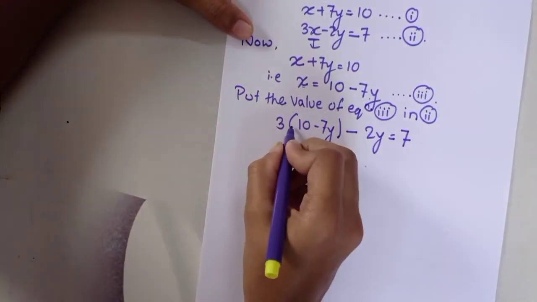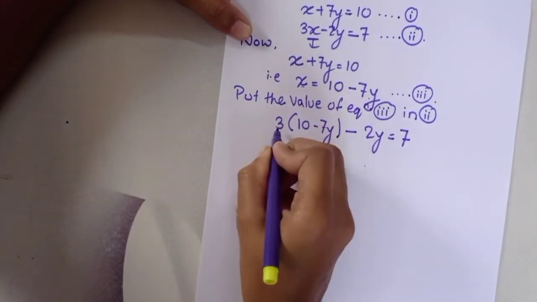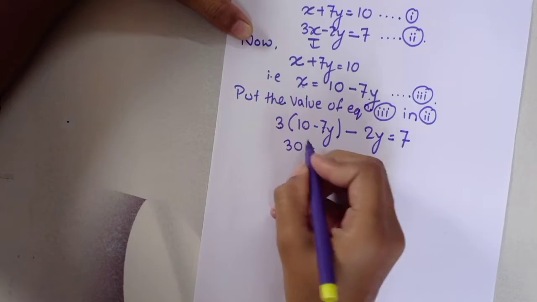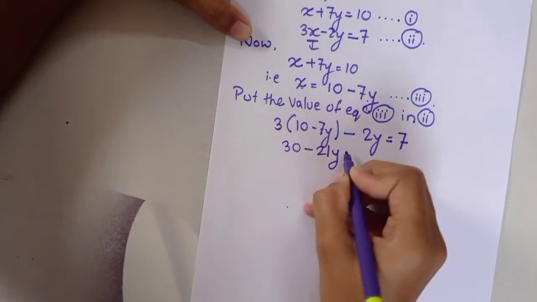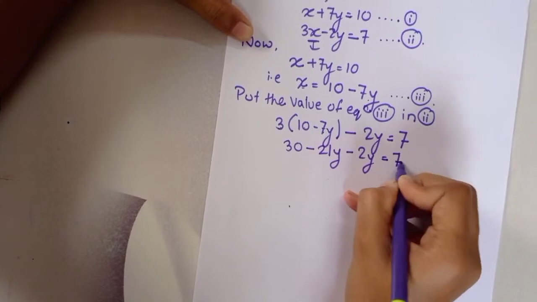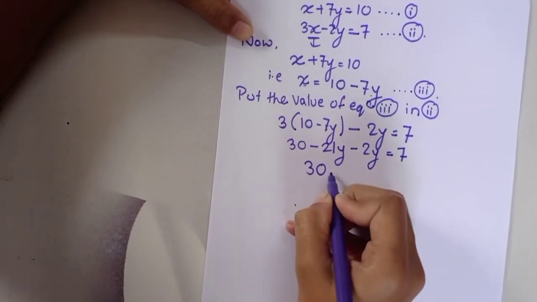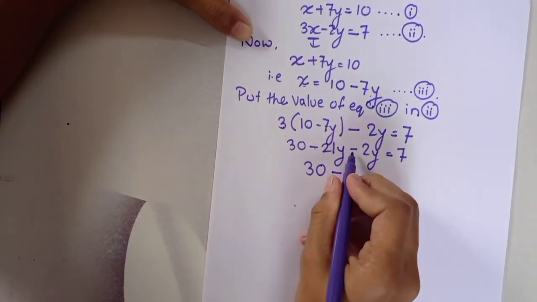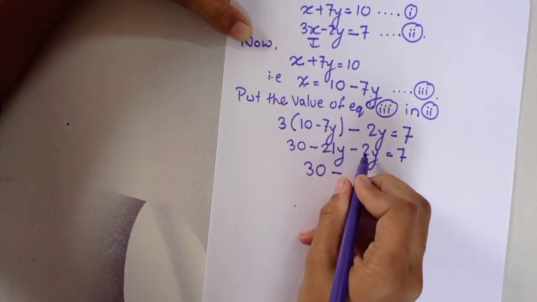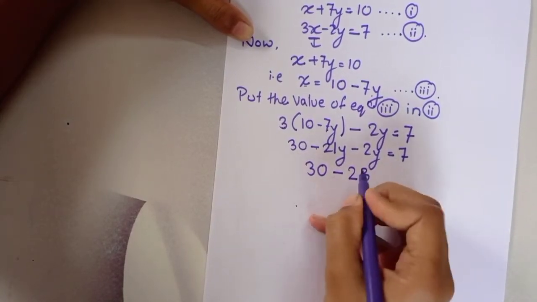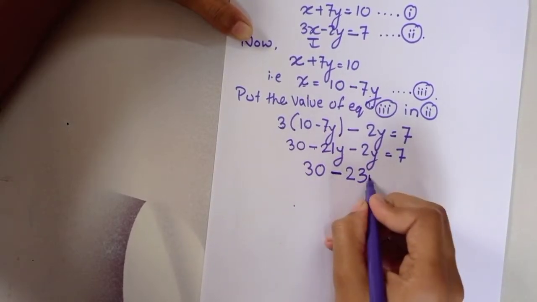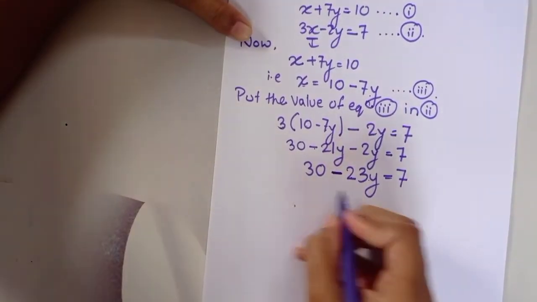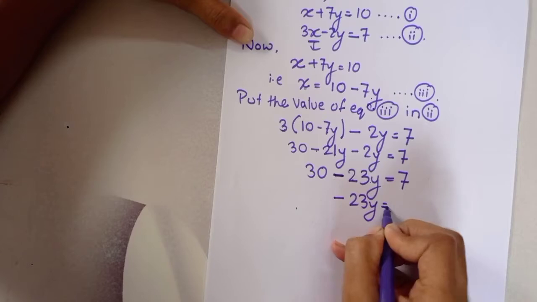Now multiplying 3 into this whole bracket: 3 into 10 is 30, minus 3 into 7 is 21y, minus 2y is equal to 7. That is 30 minus 21y minus 2y; 21 plus 2 is 23 and the common sign is minus, so minus 23y is equal to 7.